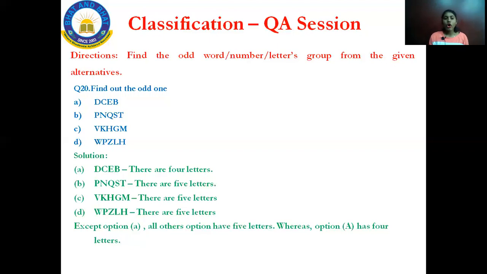All other options have 5 letters, but option A has only 4 letters. So what is the correct option? Option A is the correct answer. It is very easy. You have to look at the question carefully, that's all.